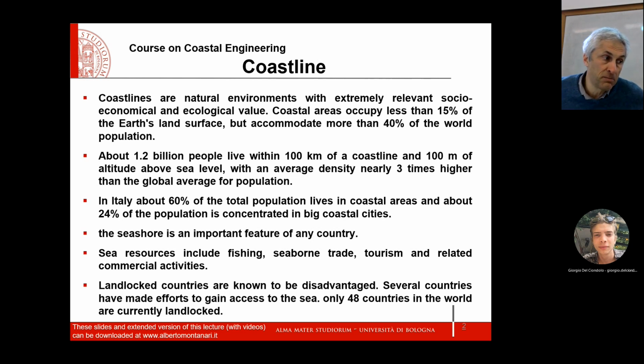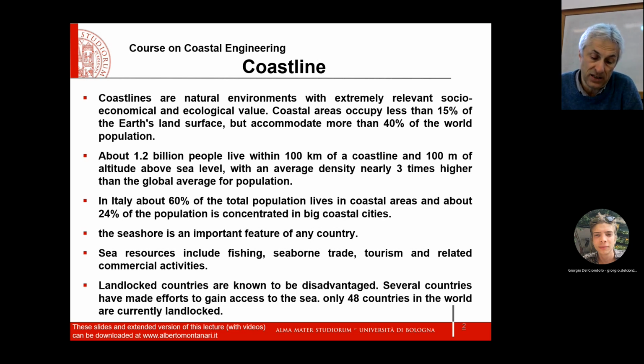So the socioeconomic importance of coasts is indeed extremely relevant. Let's focus on Italy. In Italy, about 60% of the population lives in coastal areas, and about 24% of the population is concentrated in big coastal cities.